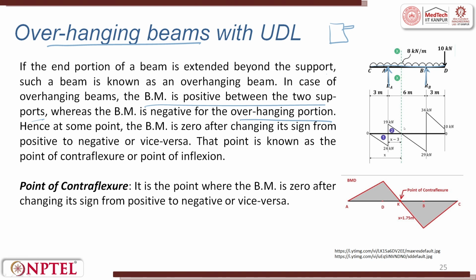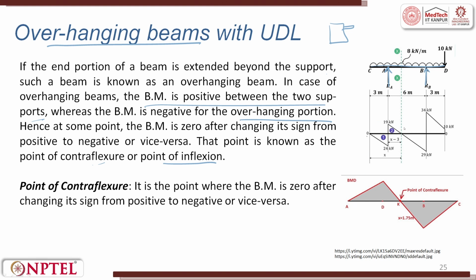Hence, at some point the bending moment is 0 after changing its sign from positive to negative or vice versa. That point is known as the point of inflection or point of contraflexure. We always call it the point of inflection. So, it will be something like this.